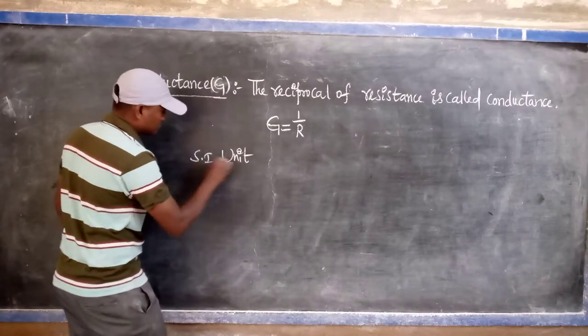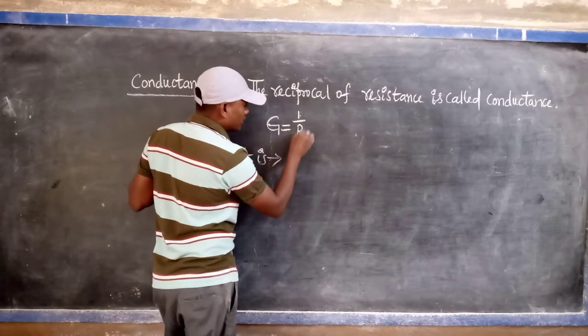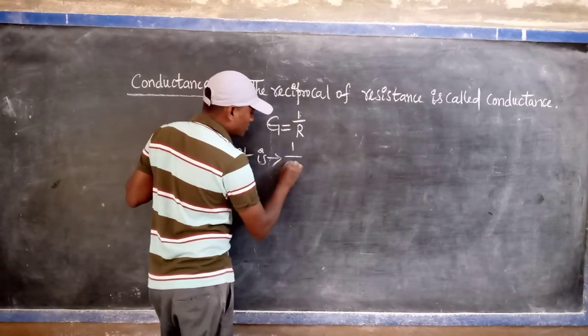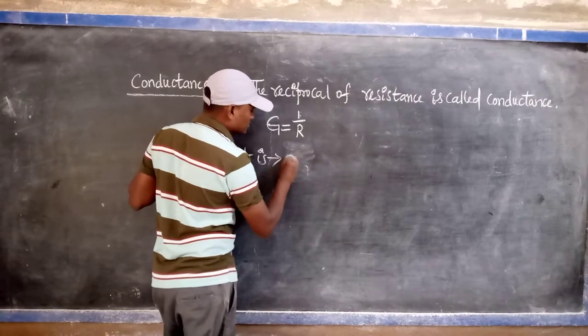Unit: simply 1 upon ohm, which means ohm inverse.